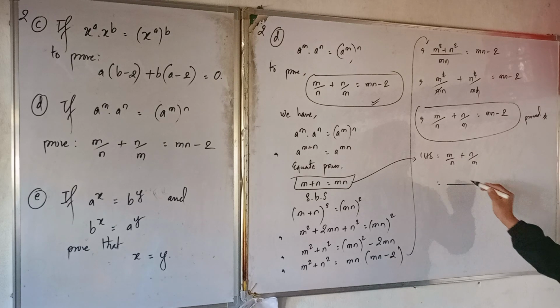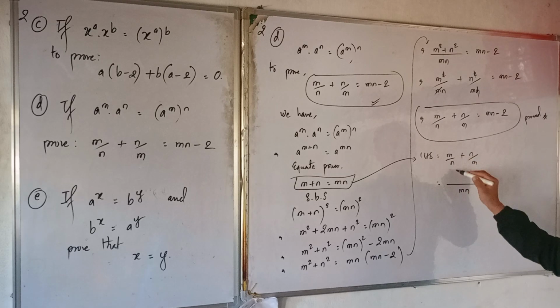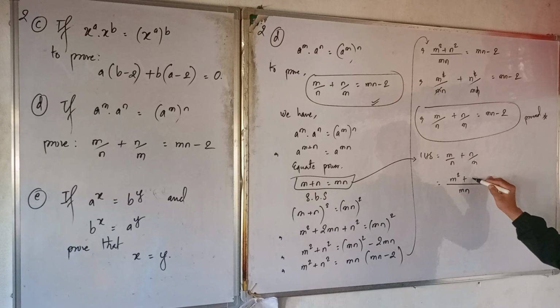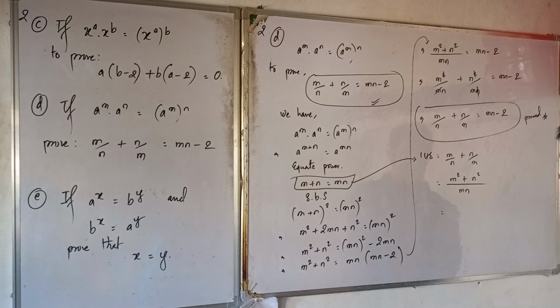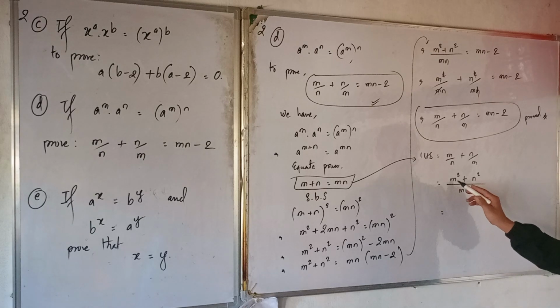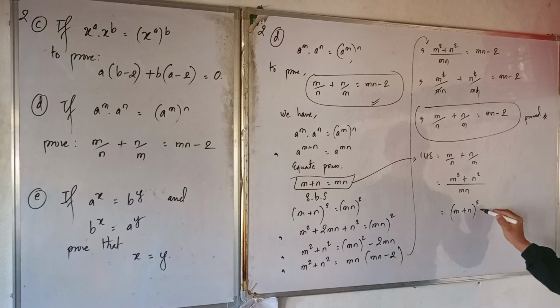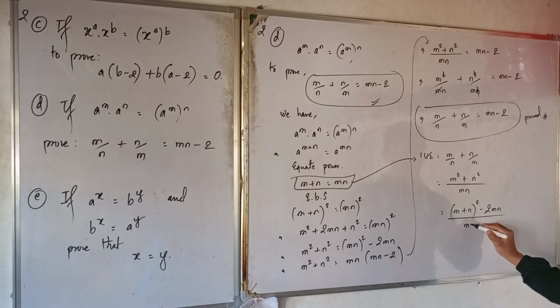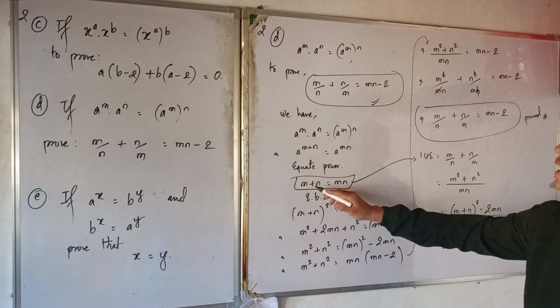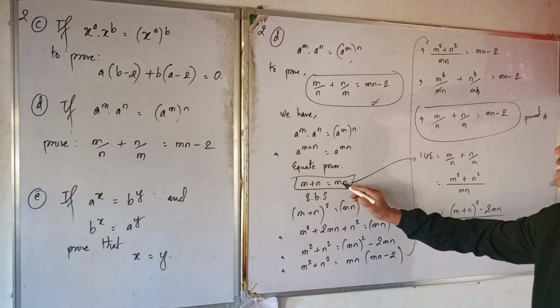In this case, you can take LCM mn, and this m becomes m square plus this becomes n square. So here m square plus n square can be written as (m plus n) whole square minus 2 times mn divided by mn.